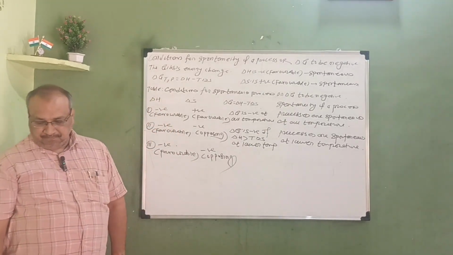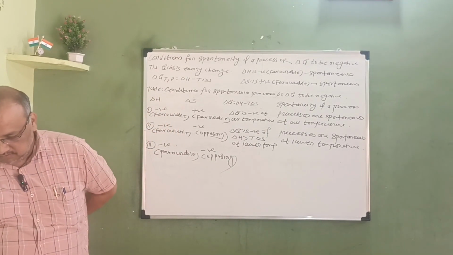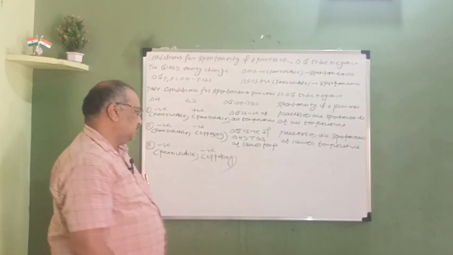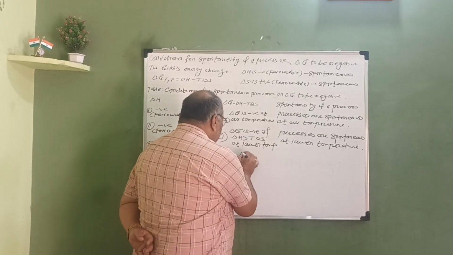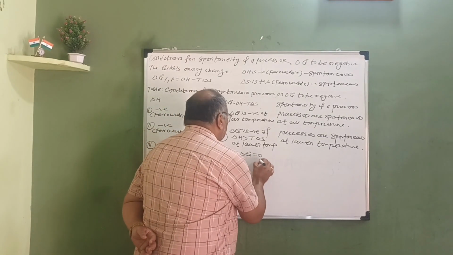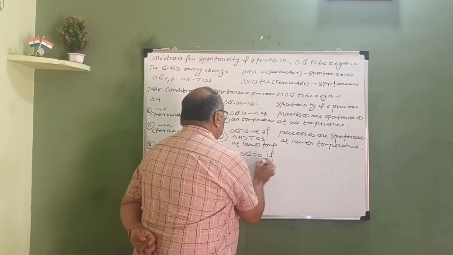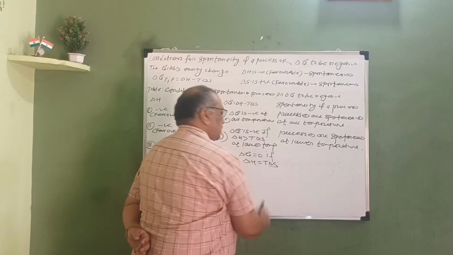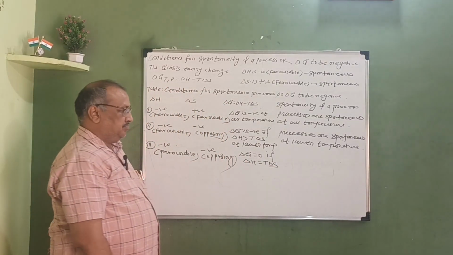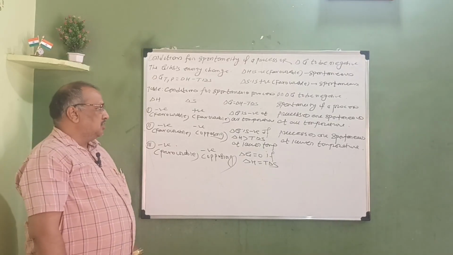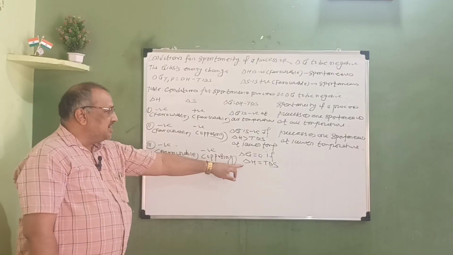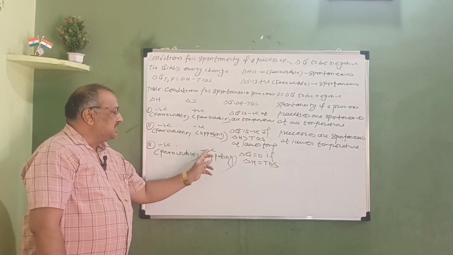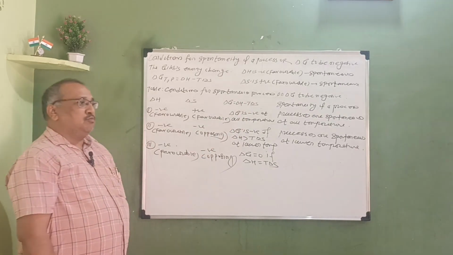Here delta G equal to 0 if delta H equal to T delta S, because here this delta H carries negative sign, delta S is negative, negative into negative, positive.